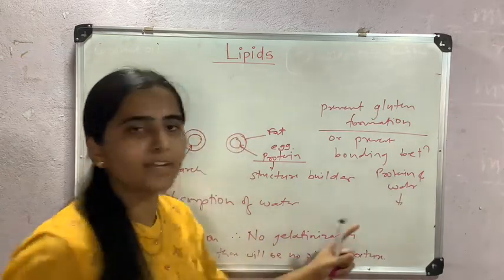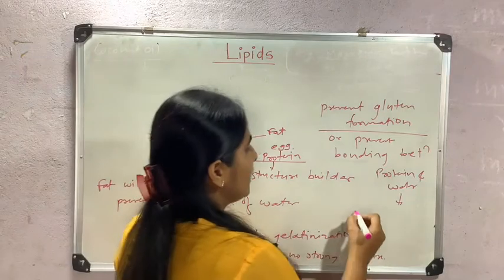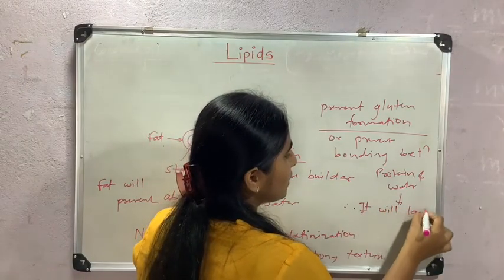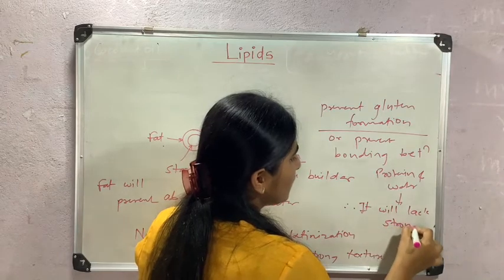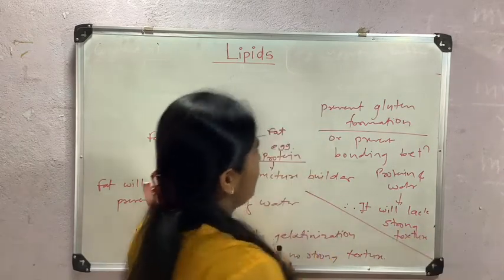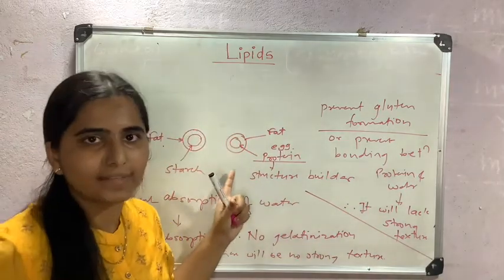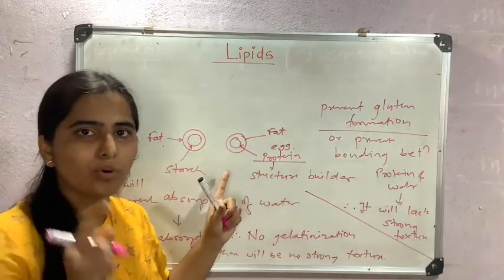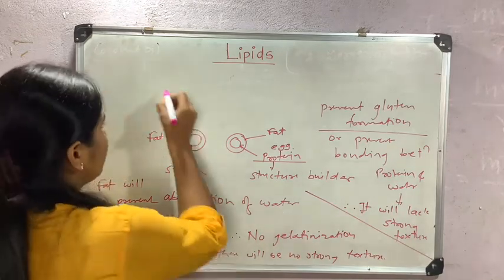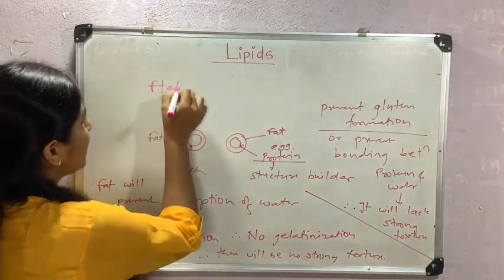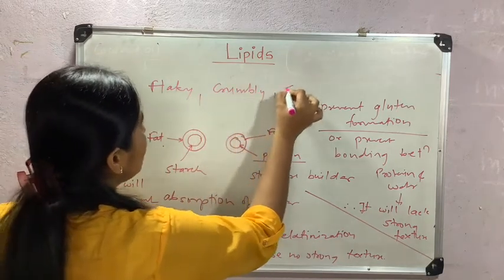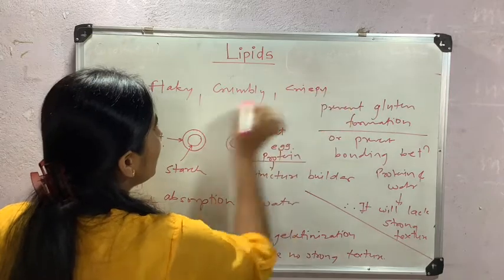Therefore again it will lack strong structure. Therefore this fat imparts tenderness, meaning the product will become more crumbly, more crispy and more flaky. Therefore we will get a flaky, crumbly and crispy bakery product.